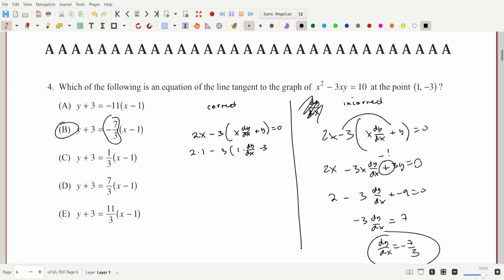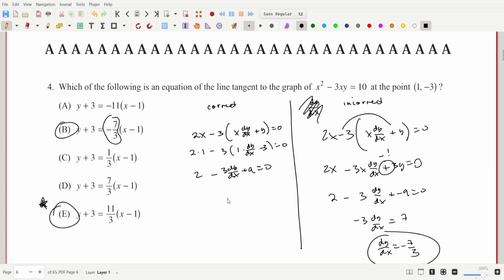Should be negative. That's really sad. Okay, and then 2 minus 3 dy/dx plus 9 is 0. And you should get 11 over 3e, I think. So that's my revised one. I will check that in a second.